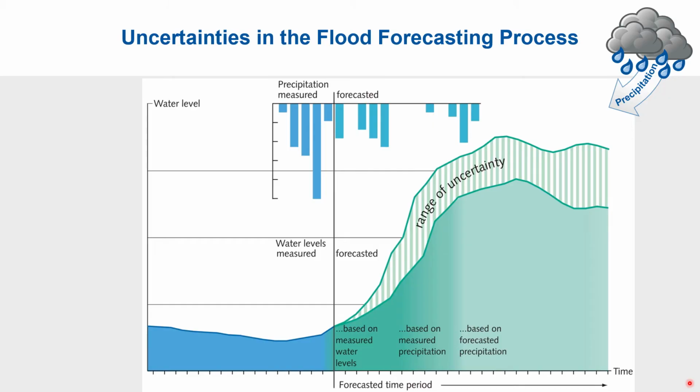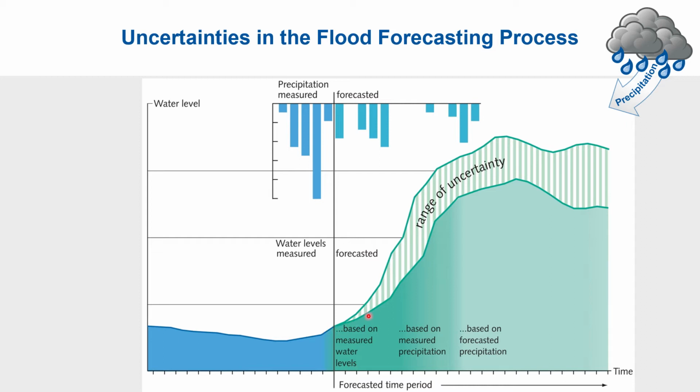And here this picture is a nice one. Let's assume we are here in the present day. We are standing at a gauge in the catchment, let's say the gauge of Munich, and we are measuring this water level. But we want to look a little bit into the future. There's a flood forecast. We want to know, is our house or our garden safe or not for the next 2 days?